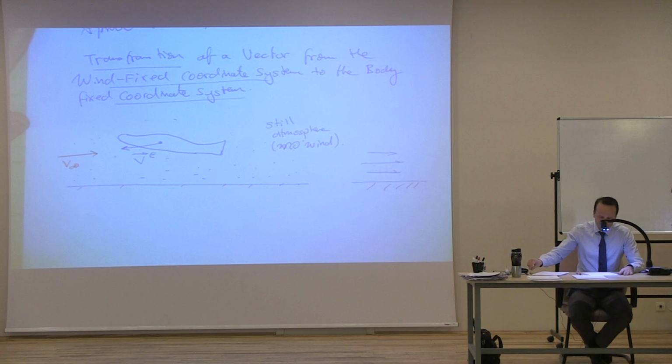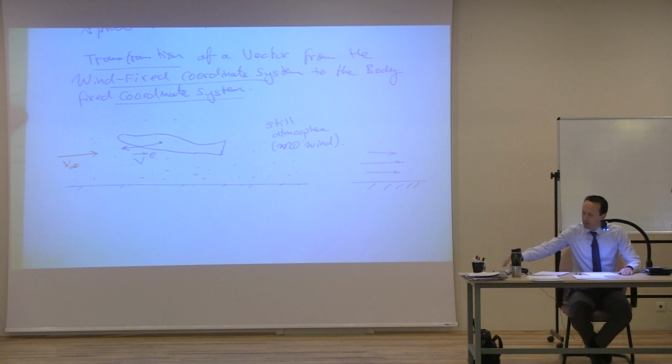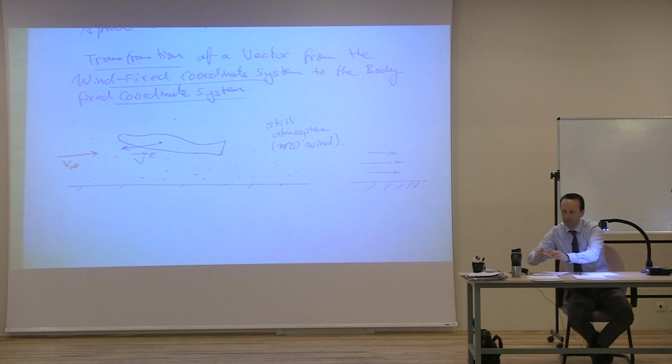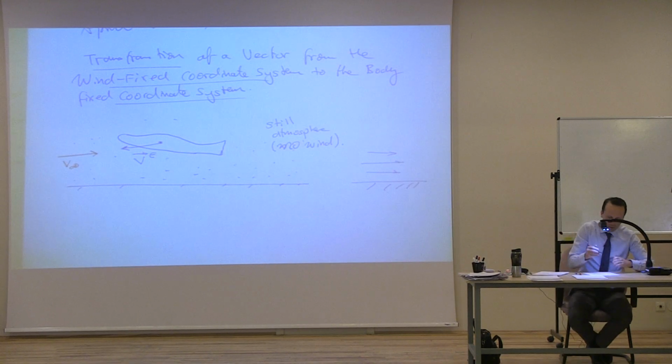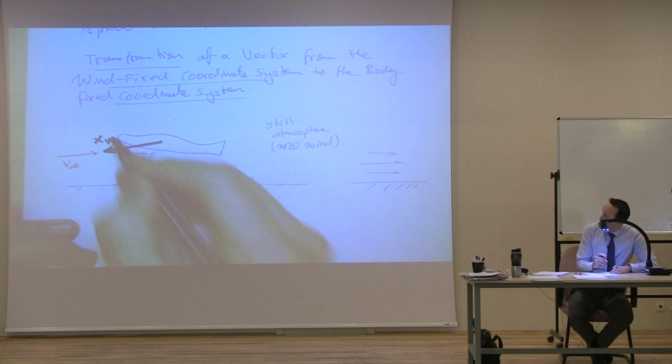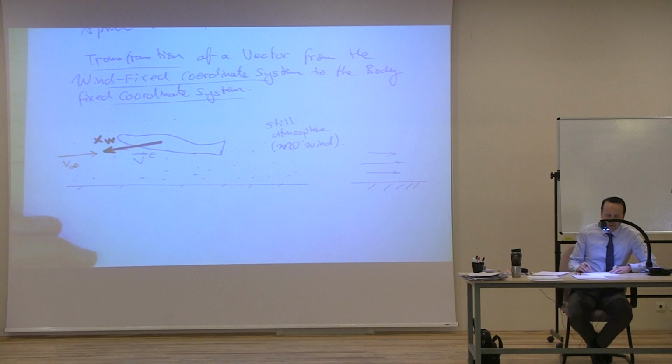Okay? So, how do we show the wind fixed coordinate system? Well, this is how we show it. If you recall, xw would be in the direction of V infinity.